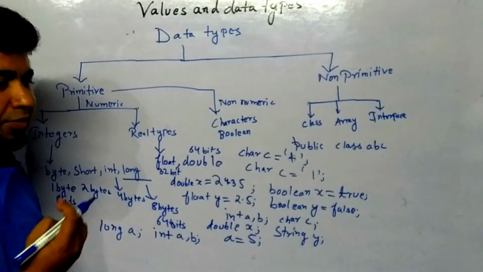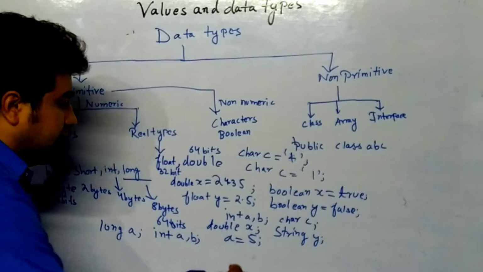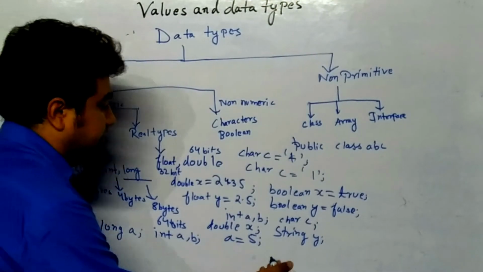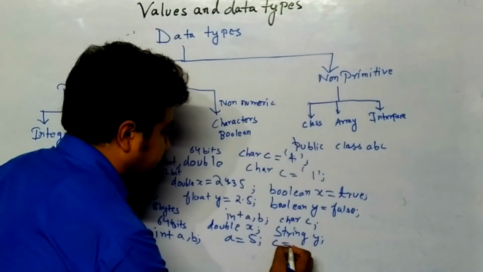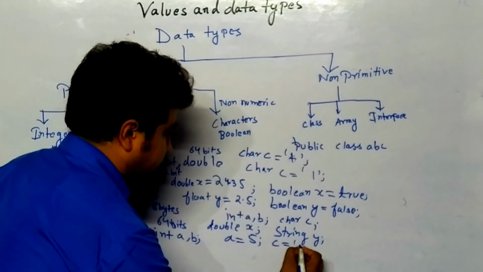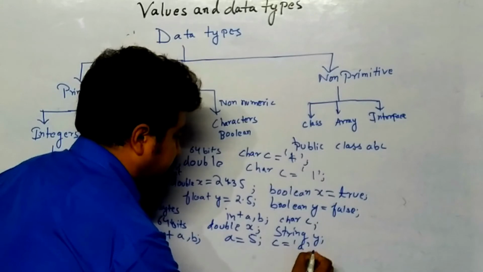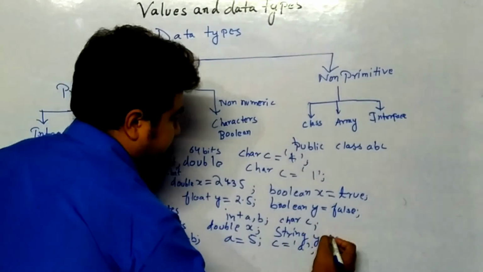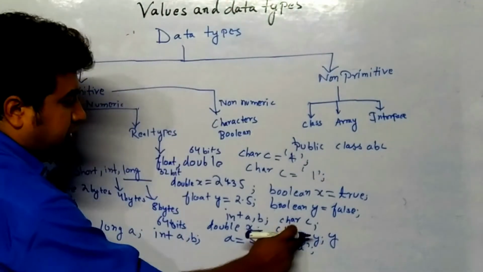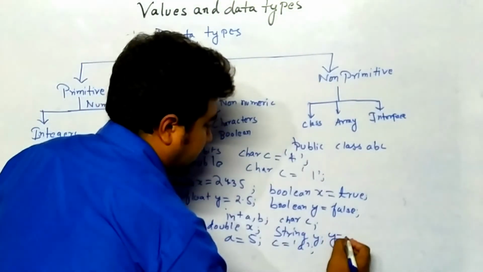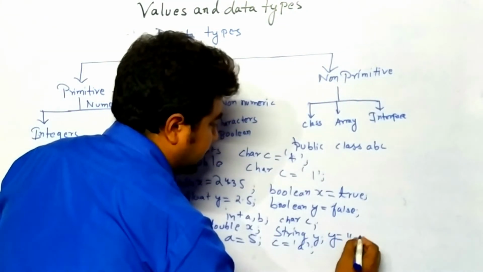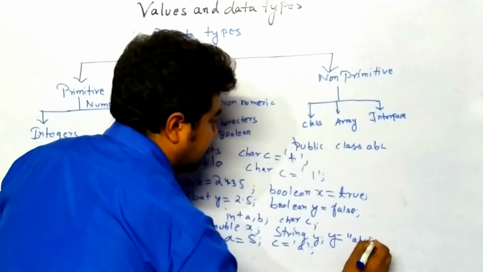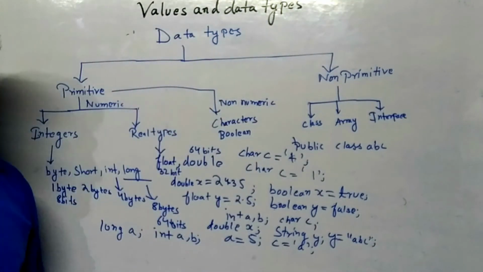Means now assignment is storing a value. 5 is stored in a. Or you can see about c. If I am writing here small a, it will be stored in c. Or you can see y. y is a string type of variable. You can write here double quotes and ABC and then semicolon. So this is known as assignment.